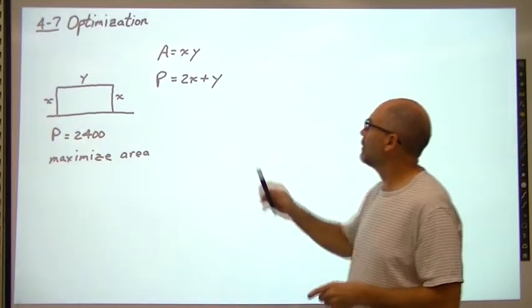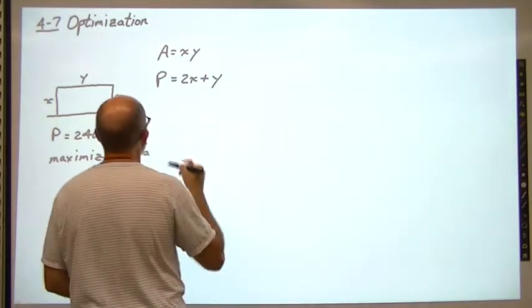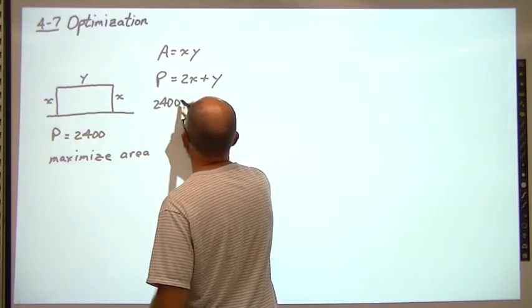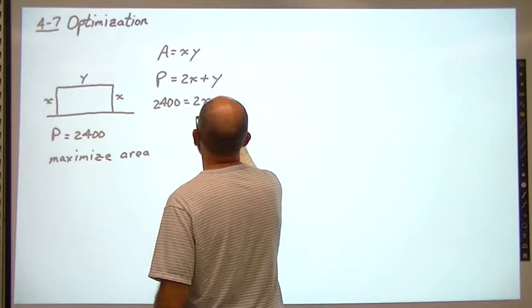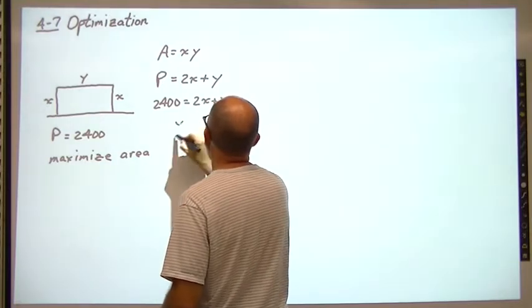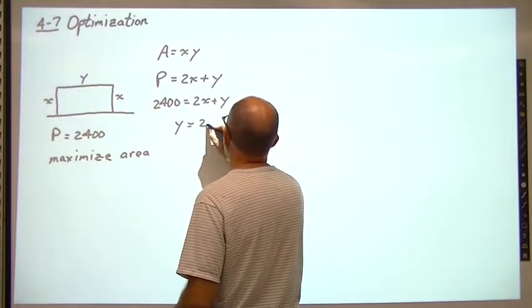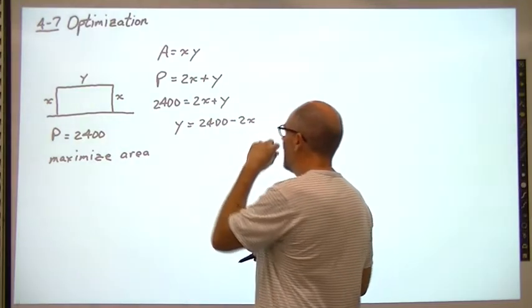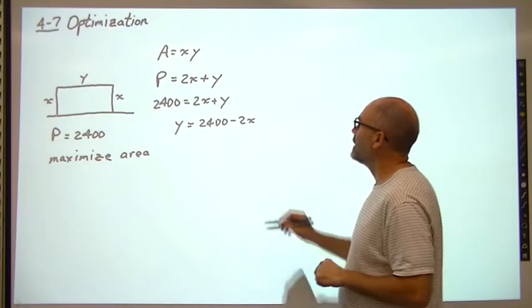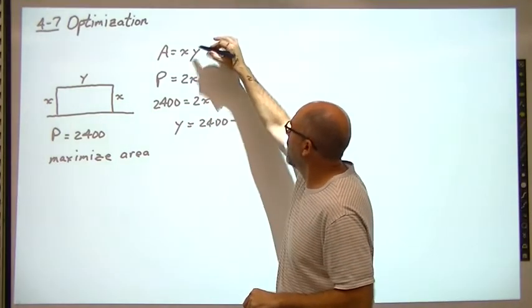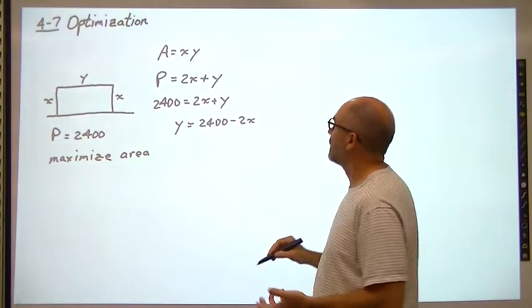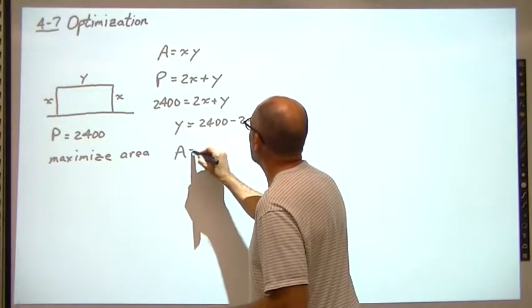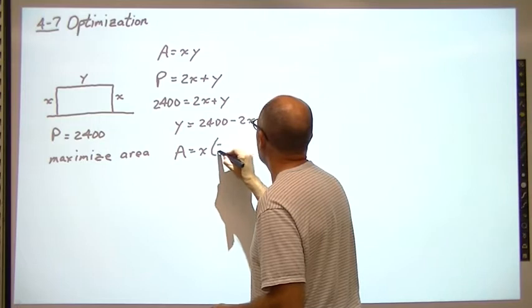So let's do that then. All right, so perimeter is 2x plus y. That means 2,400 feet equals 2x plus y. So what's y equal? It equals 2,400 minus 2x. Now, what I can do is plug in my y value in terms of x. So my equation then is area equals x times y.